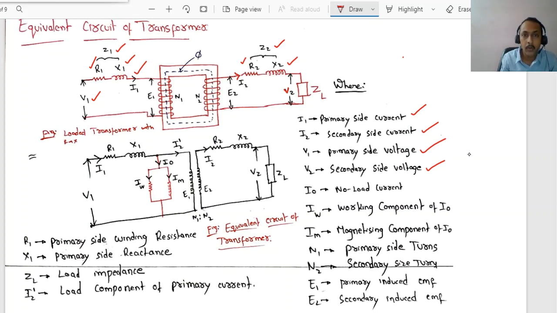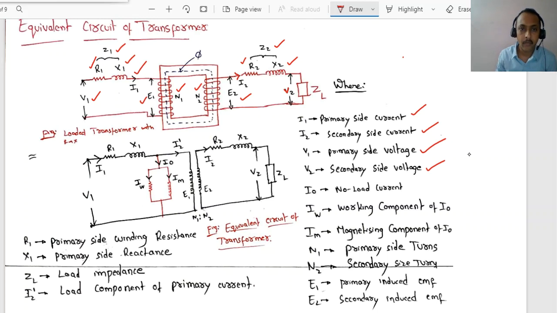And also one more important, E1 EMF induced in the primary side and E2 EMF induced in the secondary side. I repeat again, E1 is the induced EMF in the primary side, E2 induced EMF in secondary side. N1 indicates number of turns in primary side, N2 indicates number of turns in secondary side.